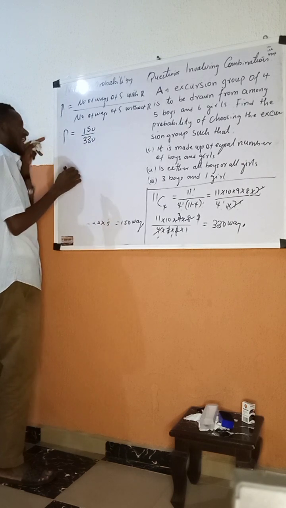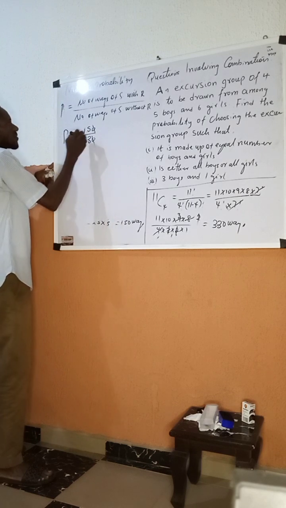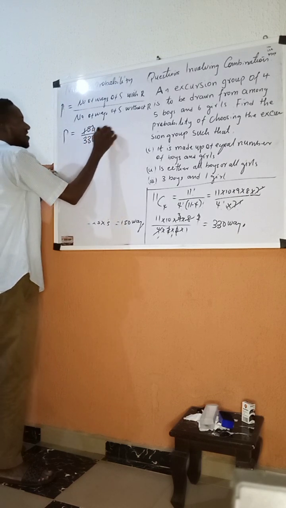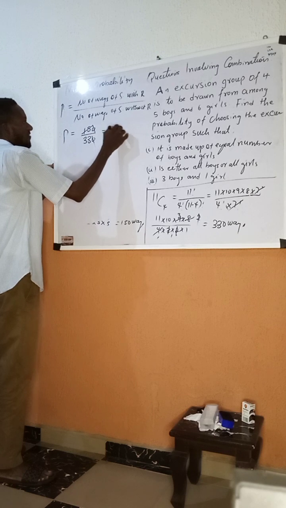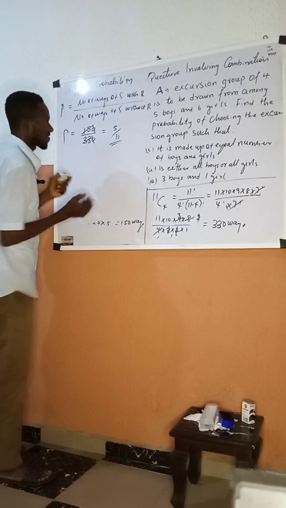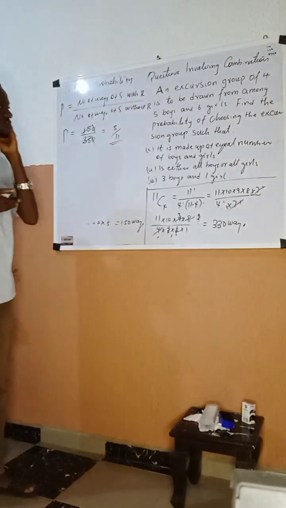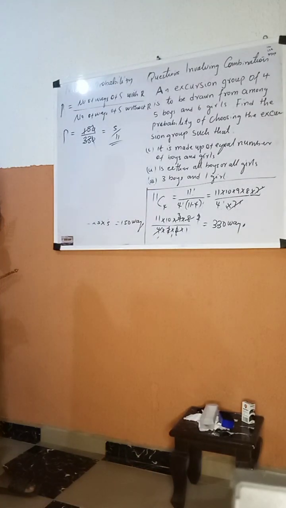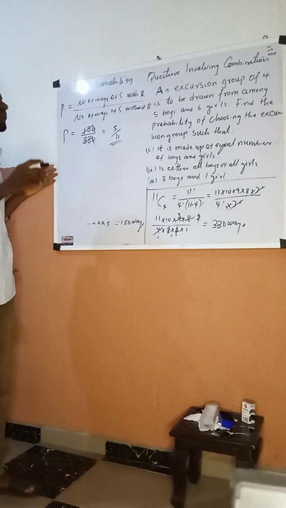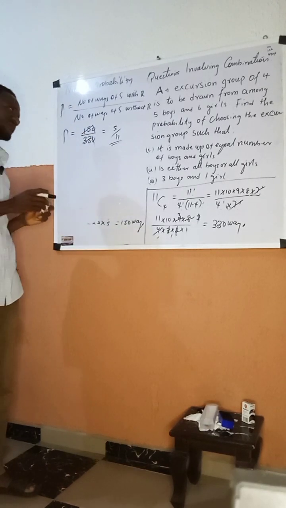When we have a zero here and a zero here, they are gone. 3 can go into 15, which becomes 5, and 3 goes into 33, which becomes 11. So the probability of selecting 4 persons for the excursion such that it involves the same number of girls and boys is 5 over 11.